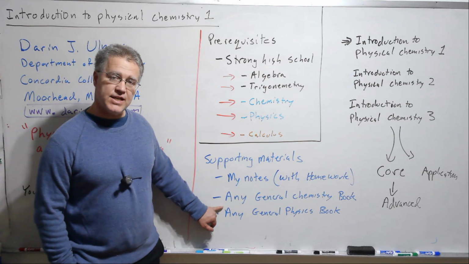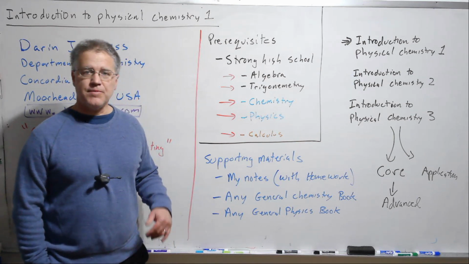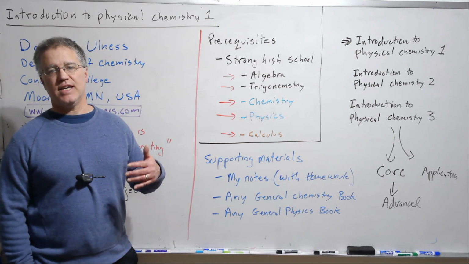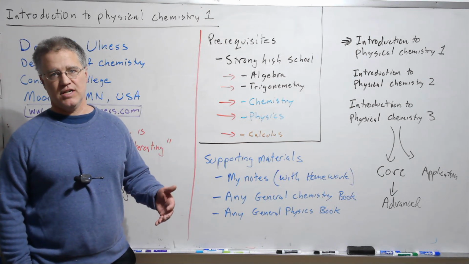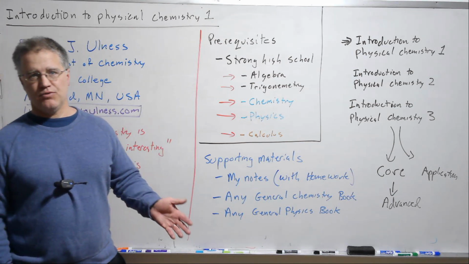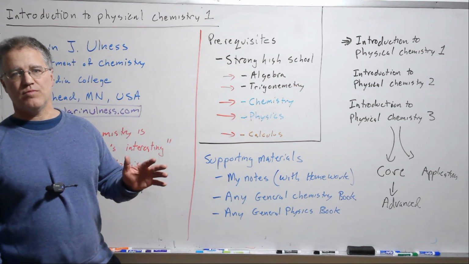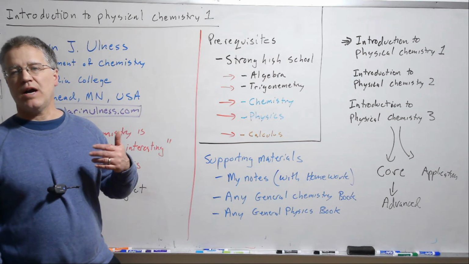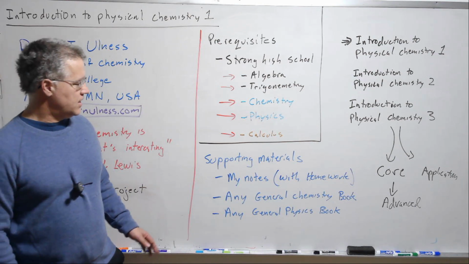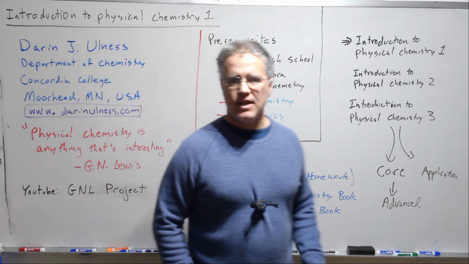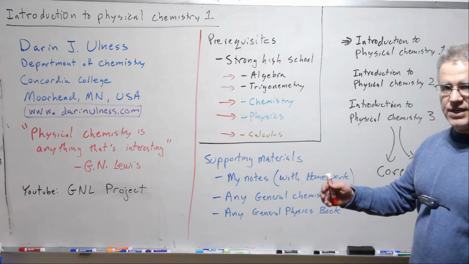I really, really encourage you to pick up any general chemistry book and any general physics book. You can go to a place like Abe Books or other places like that. Definitely don't buy a new one. Buy a used one. You could buy one from the 70s. It doesn't matter. They're all the same, and they pretty much follow the same order.